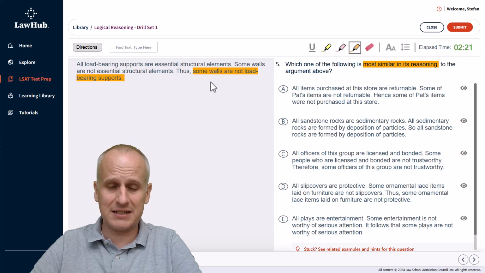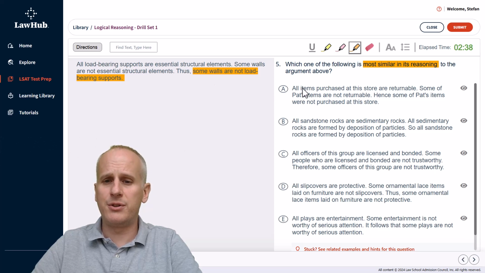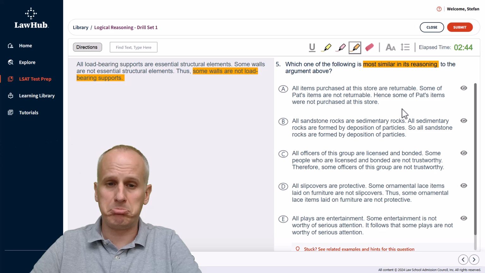So this all makes sense, hopefully, and once we work through the answer choices, we're looking for a valid argument that matches the conditions of this argument, and we're going to highlight reasons to eliminate choices that don't match the structure of this argument. So starting with choice A and keeping our highlighting tool selected, we've got all items purchased at this store are returnable. Okay, so far that matches the opening statement.